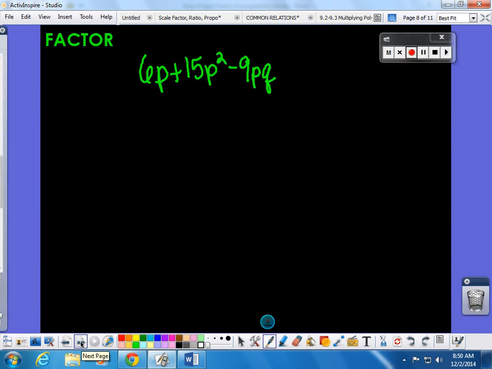All right, let's look at this one. What is the greatest common factor of the number? Good. Variable, P. This one has a Q, but nothing else does. And so we're going to factor out a 3P.